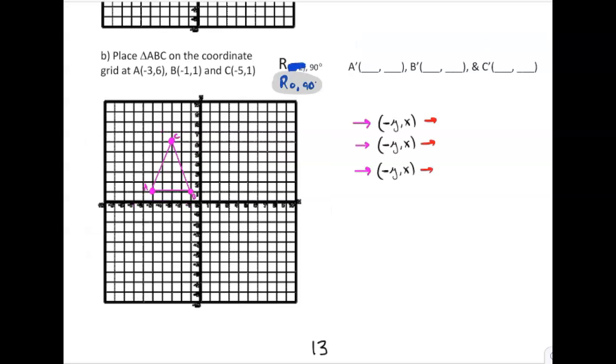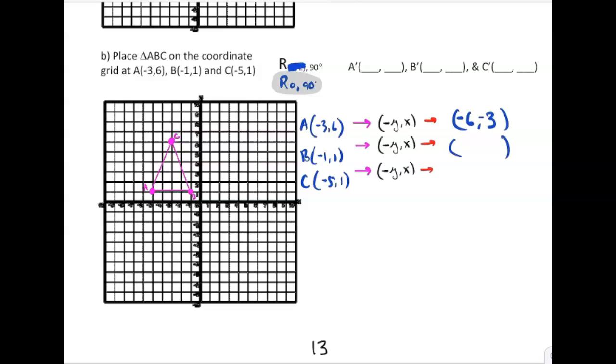So you could take point A, point B, and point C, and follow those rules, which means switch the X and Y coordinates, and then make the second coordinate, which is now the first coordinate, the opposite sign. So if I made this 6, 3, or 6, -3, sorry, I just switched them, but then I made that one the opposite sign.